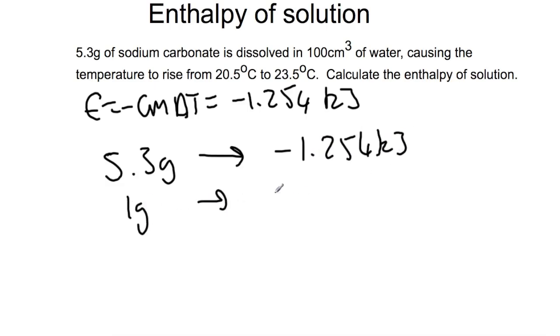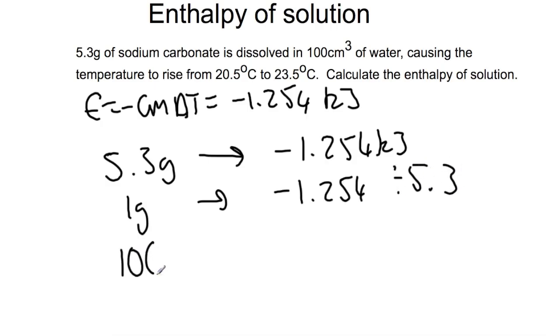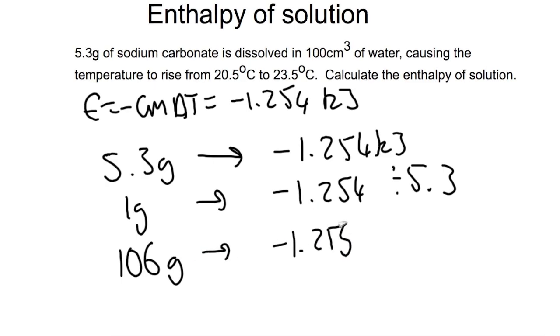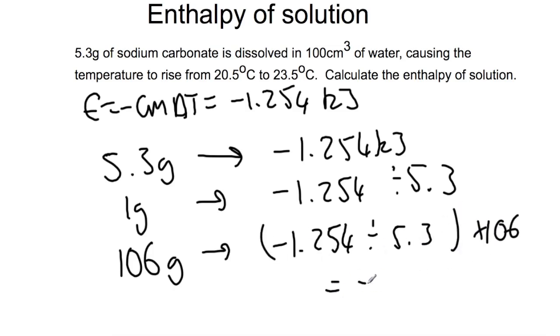If you have 1 gram, you divide both sides by 5.3 and then multiply up by the gram formula mass, which is 106. To get you to the same answer.